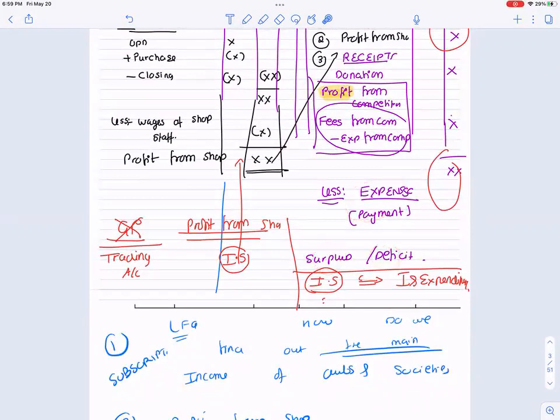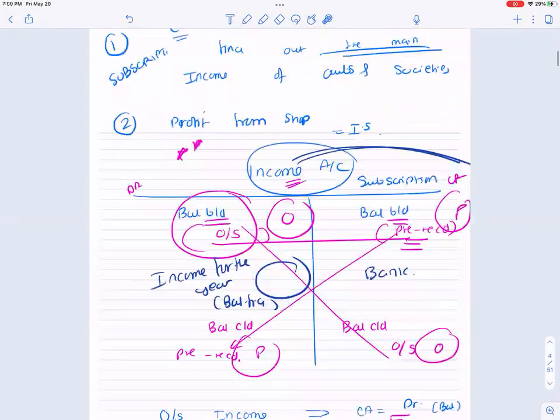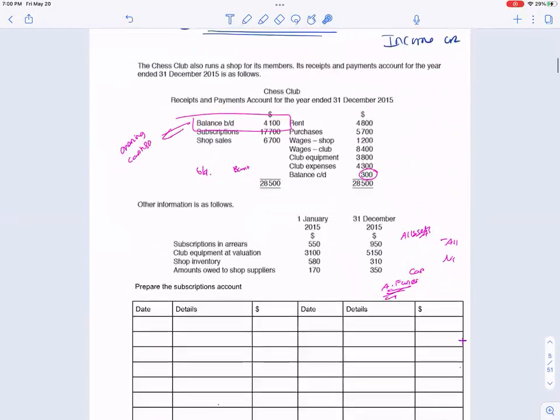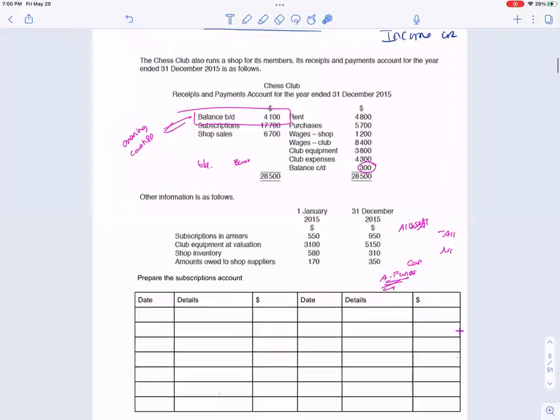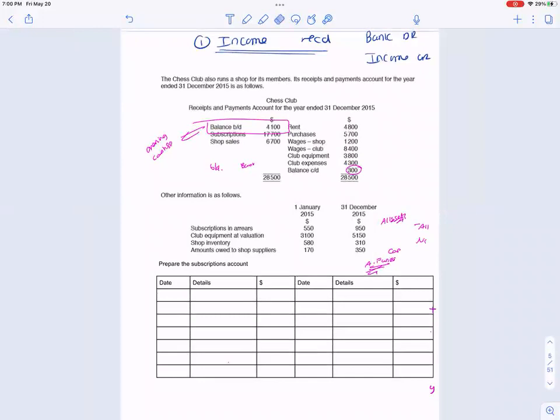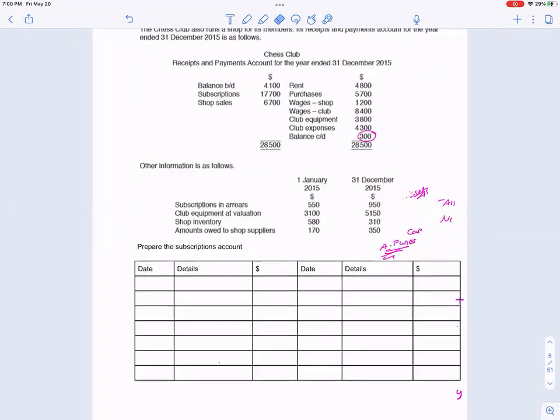Now I have just drilled in the basics. Let's start with this sum and prepare the subscription account. Now, subscription account means what? Just for my reference, I write OPOP over here. I always write it.